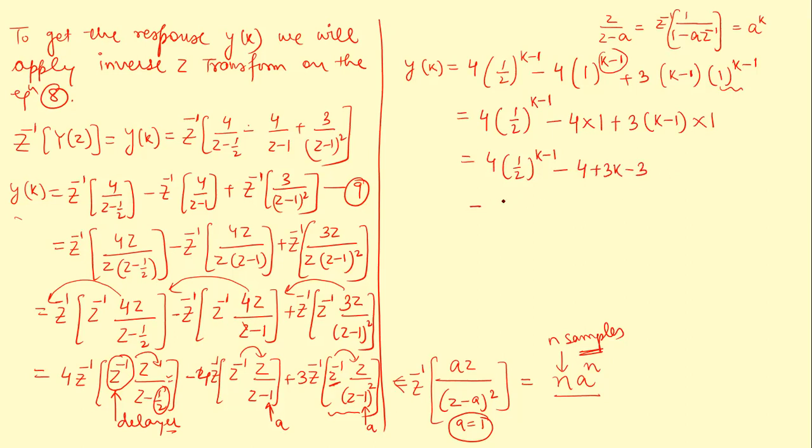So this will give me 4 times 1 by 2 raised to the power k minus 1 plus 3k minus 7, and this will be true for k greater than or equal to 1, right? So this is the solution. This is how we can find the solution.